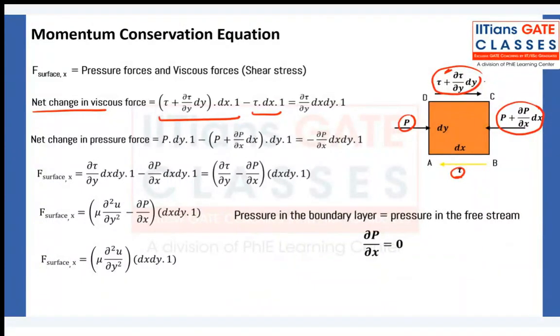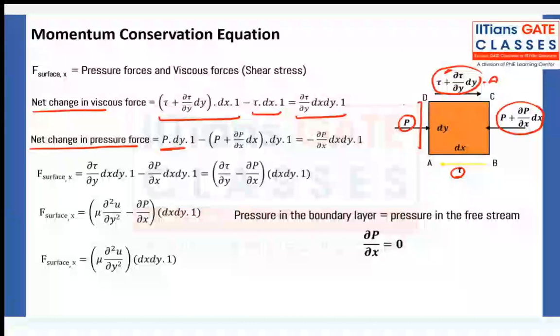Stress into area will be force. Now this is del tau by del y, dx dy 1. When you simplify this, net change in pressure force: this is p dy into 1, because it is applied on the y plane, I am sorry, and this is the x plane, dx.